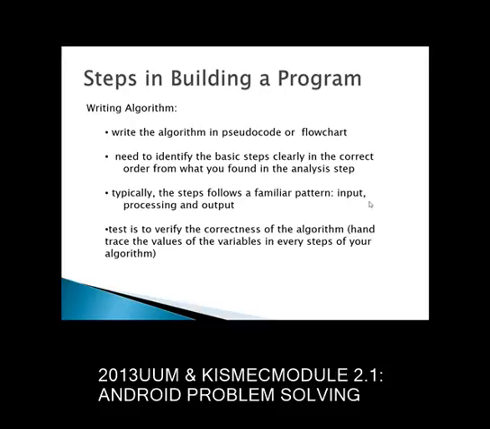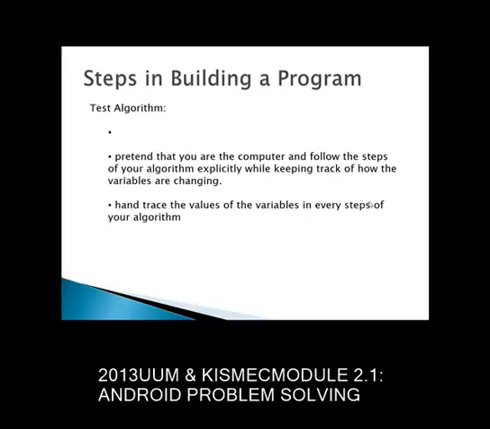Then you need to verify the algorithm. This is basically a hand trace, there's no programming yet. You need to write on paper and look into all the required input values and output values needed in the algorithm. Then you need to test the algorithm.